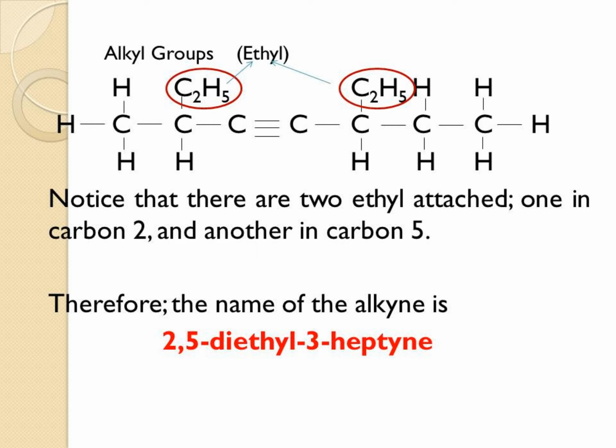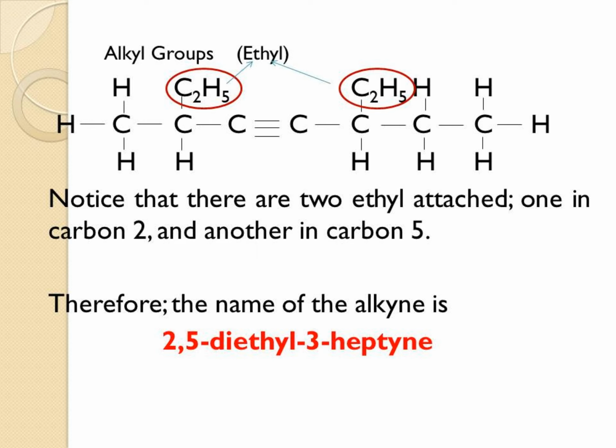Now, naming this, we will find the location of the carbon where the alkyl groups are attached. We have 2 alkyl groups attached to the carbon 2 and carbon 5, that is 2,5. Then we will use the prefix di, to note that we have 2 ethyl groups attached. That's why we use the prefix di.